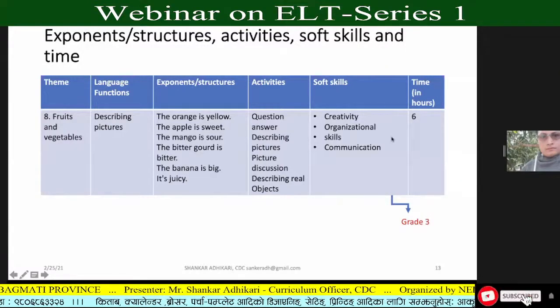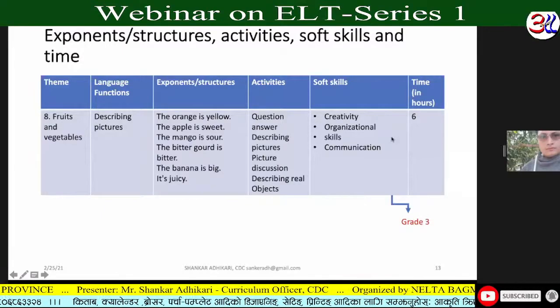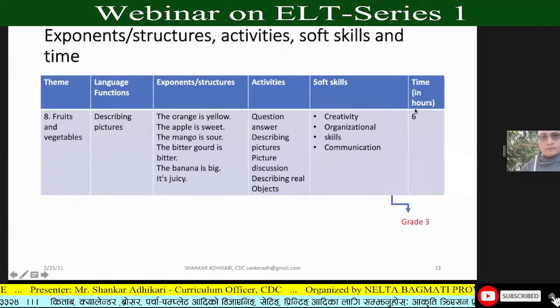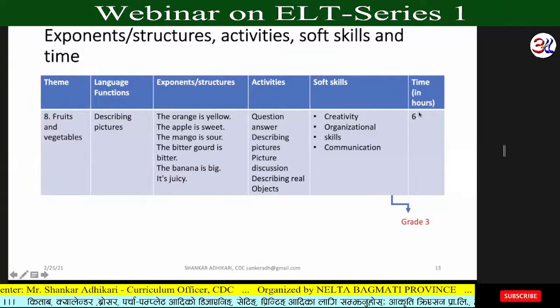And the time to be spent for that particular theme.